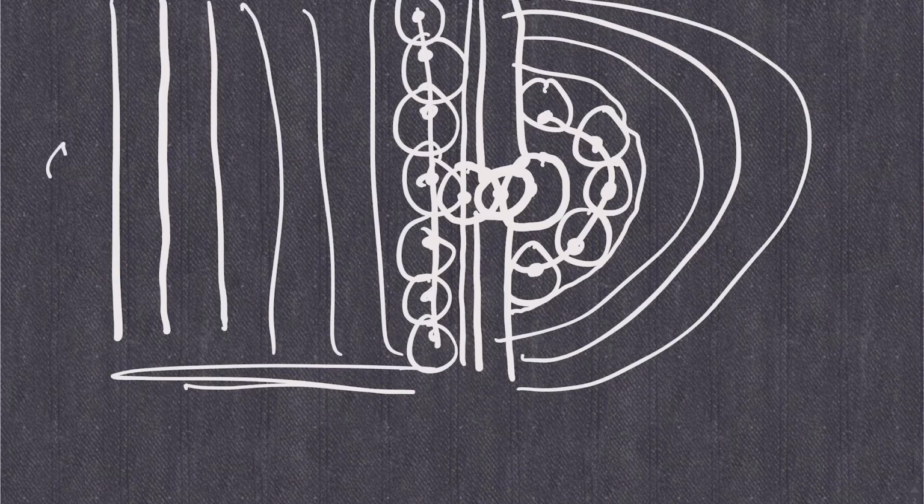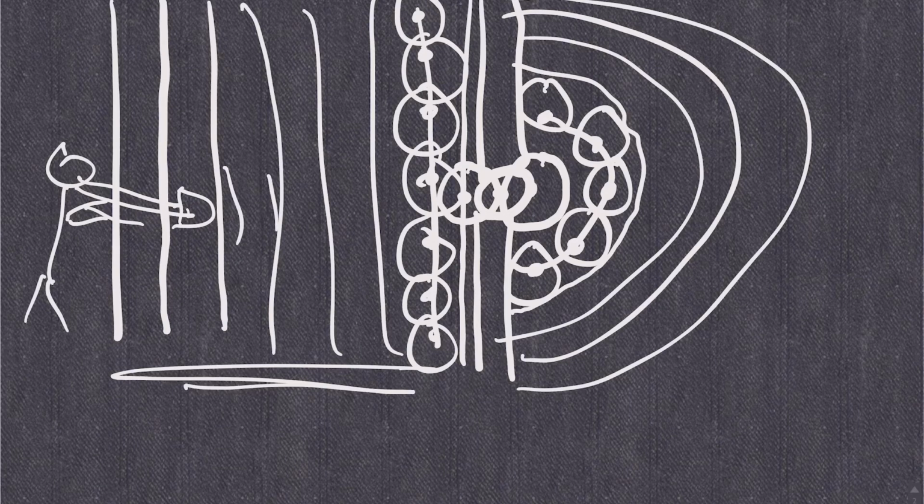For example, someone could be over here, I don't know, playing a vuvuzela or something. I know this is a terrible drawing. And it would pass through the door. And initially, old physics would say that you would only be able to hear this sound if you were standing right in line with the doorway.